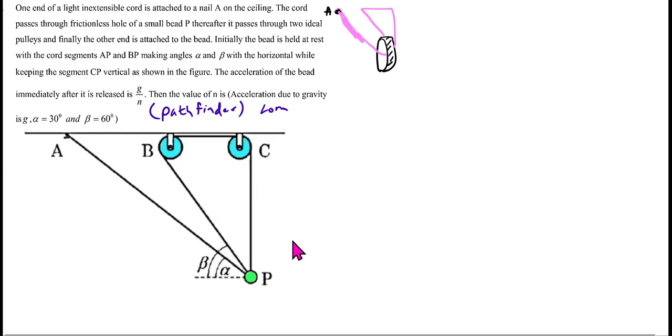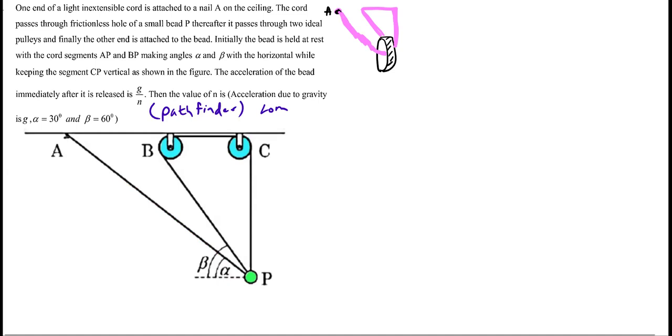Once you understand, it's very easy. We should first understand the diagram, the physical situation. So here the string from here will come, will pass through the bead, then pass to the pulley and attach to the ring.